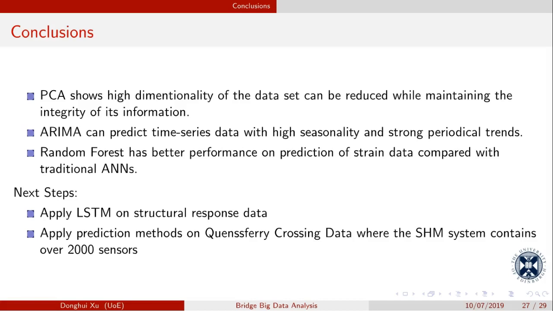The next step, we will also apply our models on the data collected from the Queensferry Crossing, which has over 2,000 sensors, including accelerometers, which are not in the Forth Road Bridge SHM system. And we hope the data quality of Queensferry is better than the Forth Road Bridge, so that we don't need to deal with so many gaps in the data.